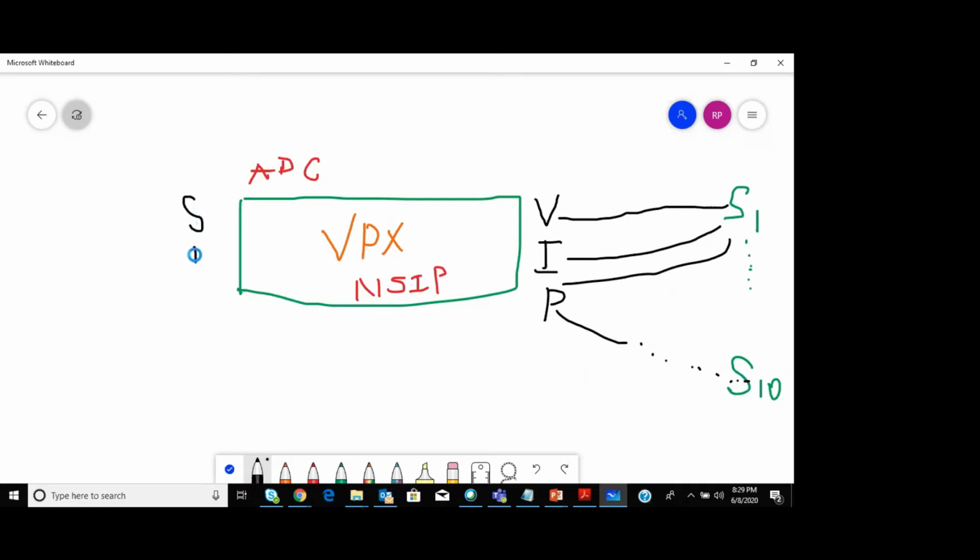We talked about three IPs, right? VIP, SNIP, and NSIP. We should remember those. SNIP, the subnet IP, will be at the front end.